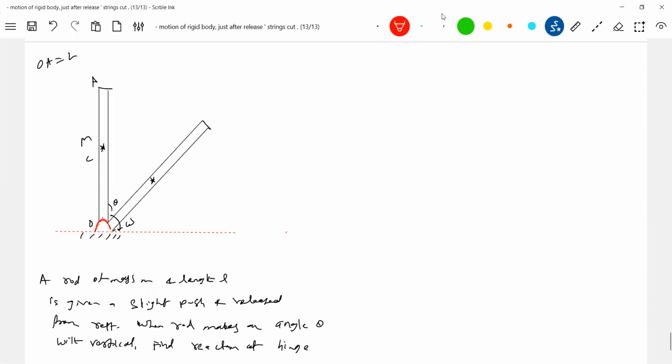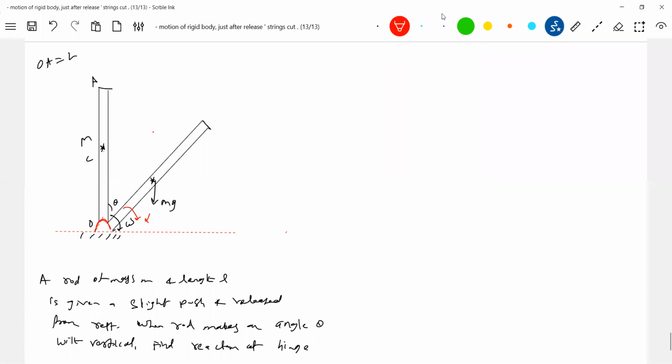So I'll proceed like this. What are the forces that will be acting? Mg, and it will also have alpha. How to take the reaction forces here? There are two approaches: along the rod and perpendicular to the rod, or along x and along y-axis.